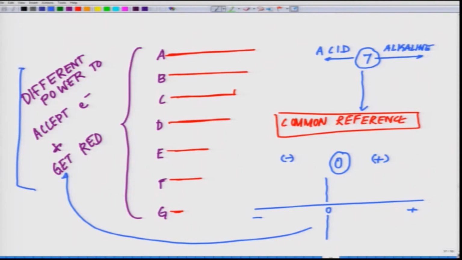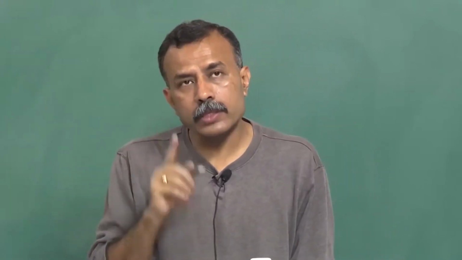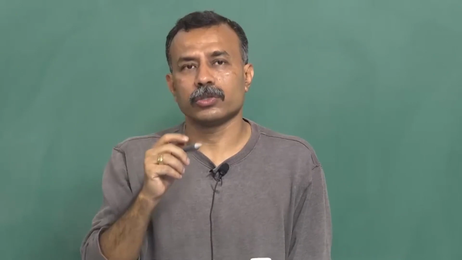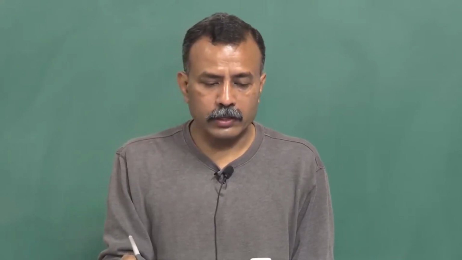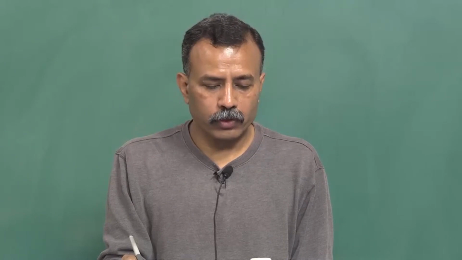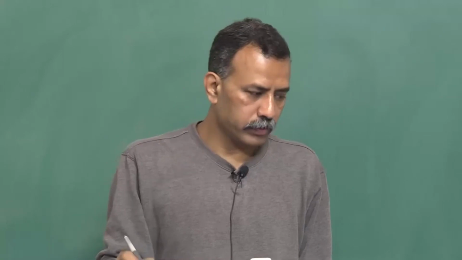So, now the critical question is what is that standard electrode? Now, we are going to talk about that standard electrode. So, what is that experiment? Let me draw the standard experimental situation and then I will explain it. The standard experimental situation is slightly more complicated than what you saw previously.